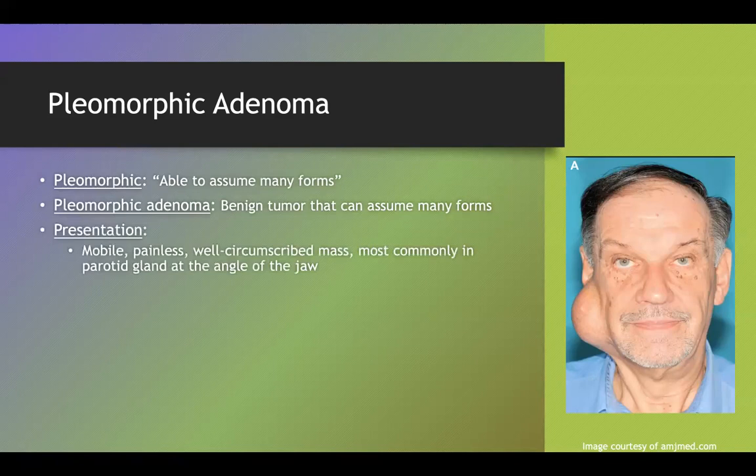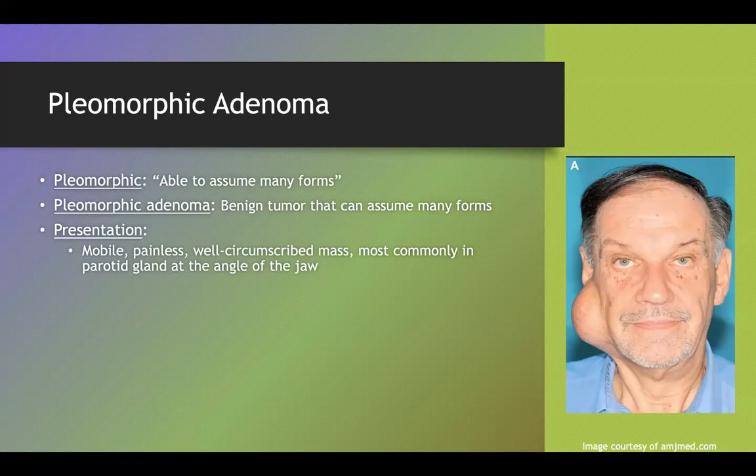So you'll see a mobile, painless mass, usually at the angle of the jaw in the parotid gland, okay? It's important to remember it's mobile and painless because it hasn't invaded into the nerves and it hasn't invaded into the connective tissue. When we talk about mucoepidermoid carcinoma, the malignant salivary gland tumor, it's very painful and it's usually immobile because it's already buried deep within your connective tissue.